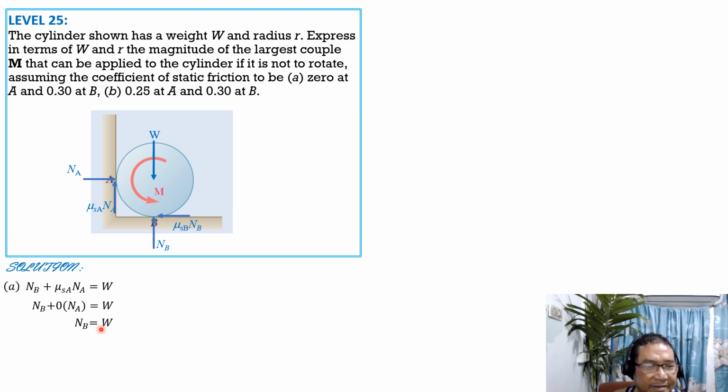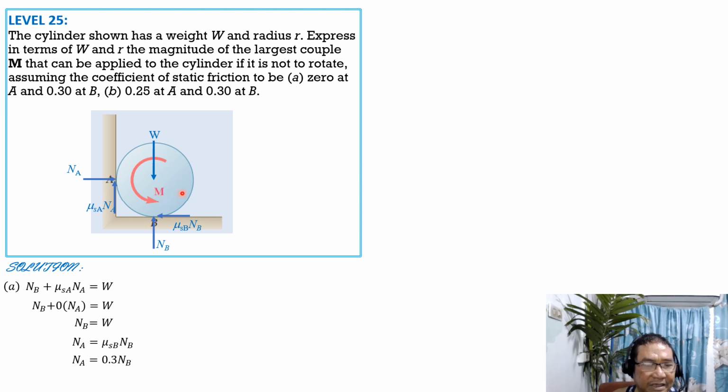Then summation forces horizontal equals 0. N sub A equals mu sub SB times N sub B. Since mu sub SB is 0.3, N sub A is equal to 0.3 of N sub B. Note that N sub B is W, so therefore N sub A is 0.3 of W. Lastly, summation moment about the center of the wheel equals 0.